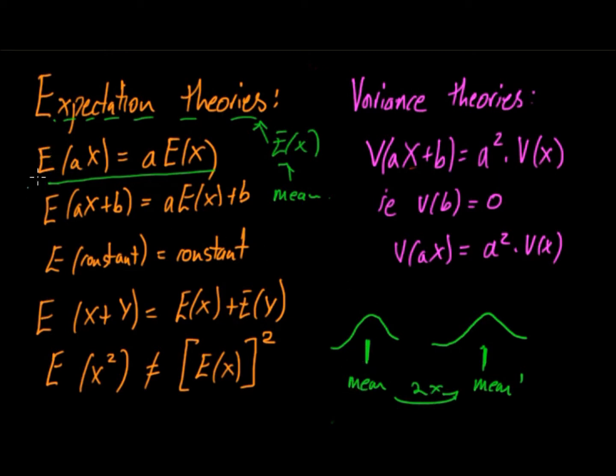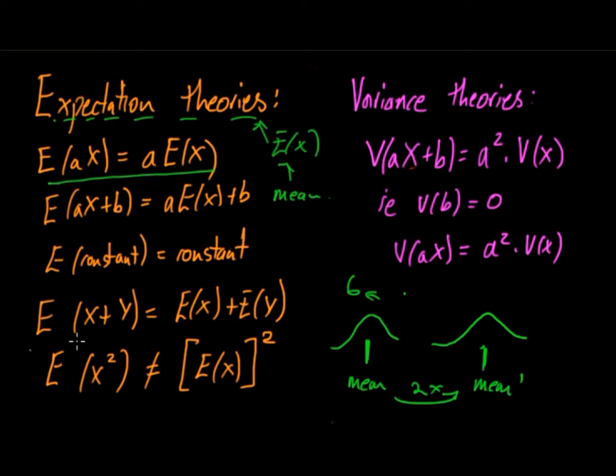So the mean of the constant times X is going to equal the constant outside times the previous mean. Then the expected value of a constant is just equal to the constant. That's because if you have, let's say, 6, then what's the expected value of 6? Well, it's always going to be 6.